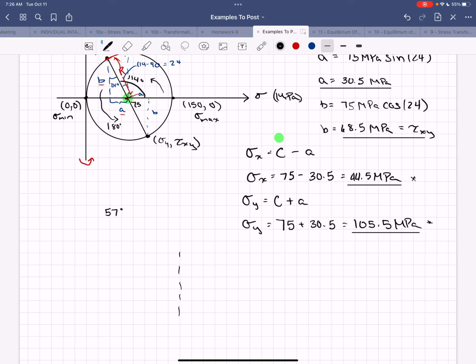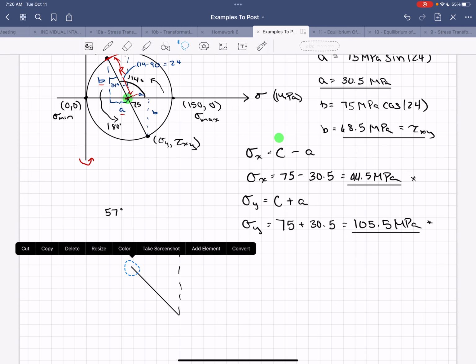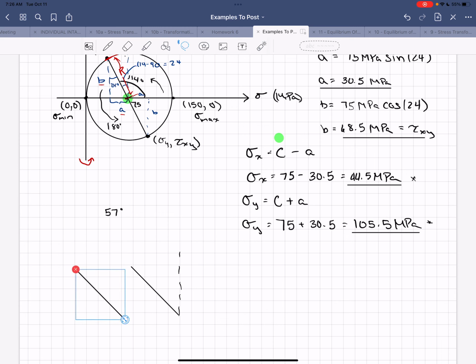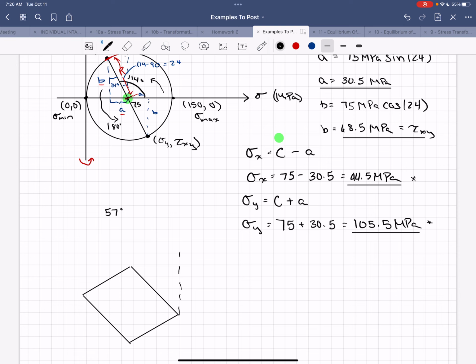We went counterclockwise 57 degrees. I'm just really bad at drawing these. Oh well, you get the idea. So this is 57 degrees here.